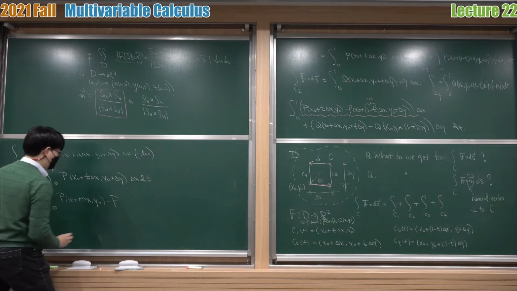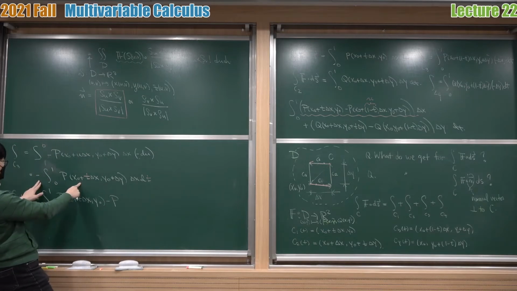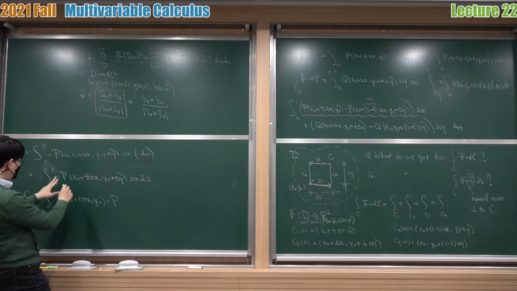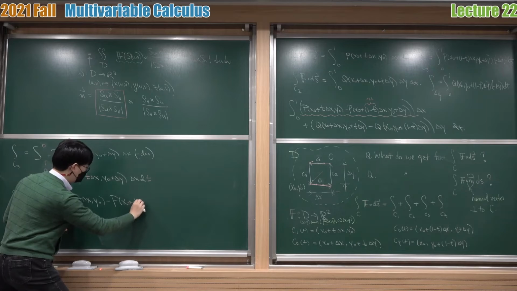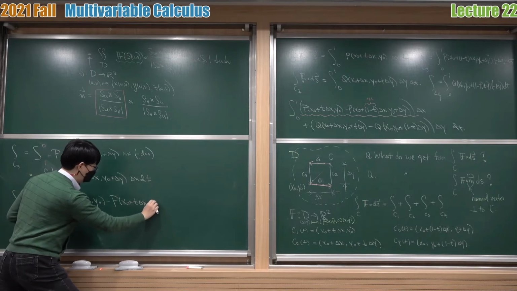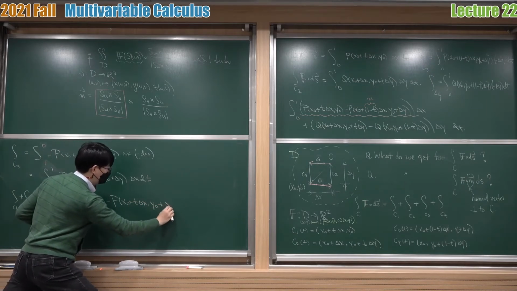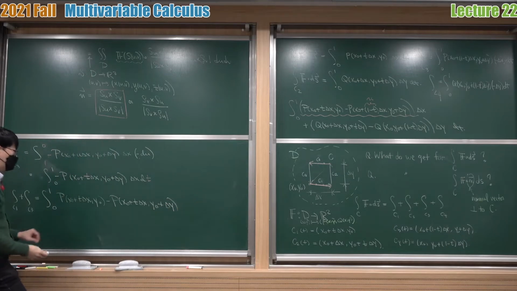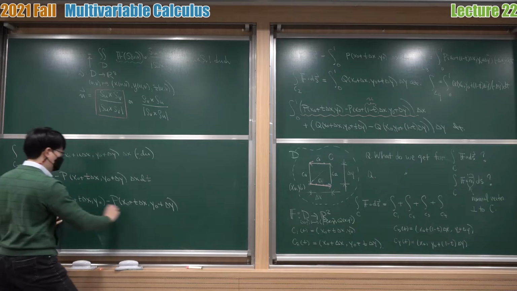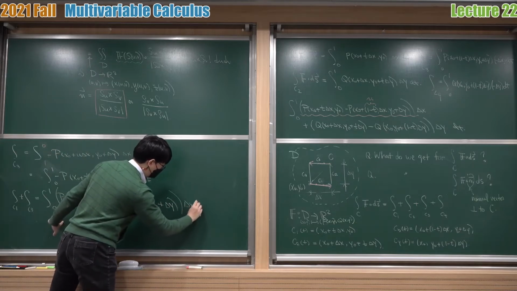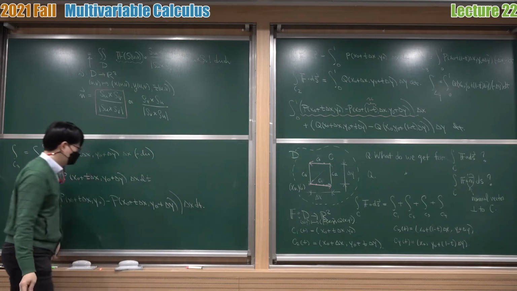I'm going to put my minus inside the integration and combine it here: p at x0 plus t delta x, y0 plus delta y, the same thing here, and then delta x dt.